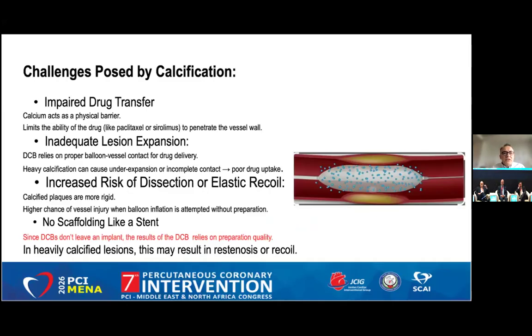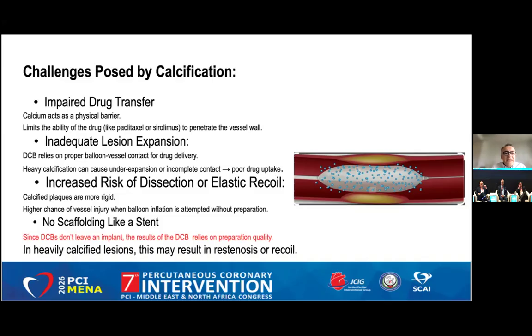We have some challenges posed by calcification when we do DCB. First of all, we could have impaired drug transfer, because calcium may act as a physical barrier and will maybe limit the ability of the drug to penetrate the vessel wall. Also, one of the important issues is adequate lesion expansion, which is also a problem for stent implantation, of course.